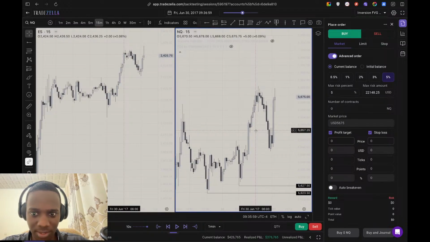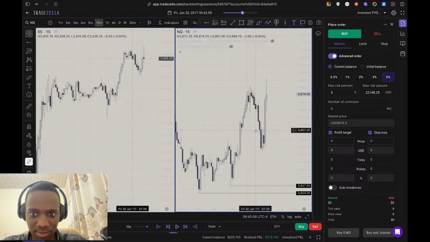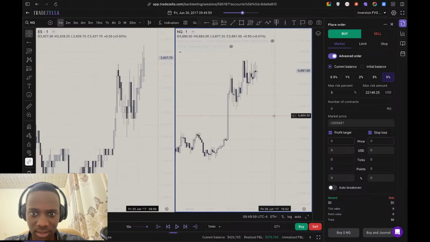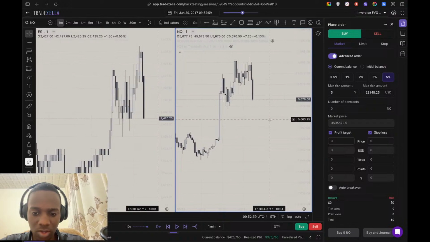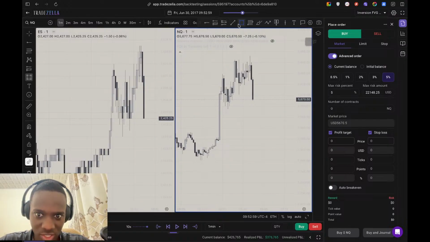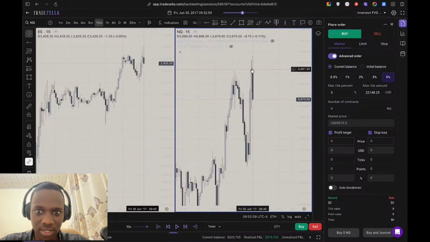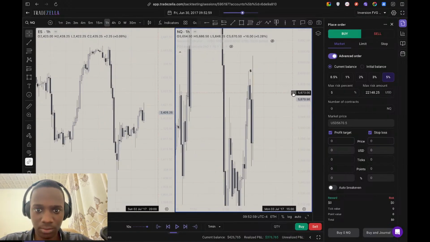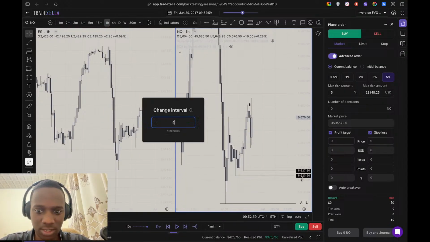Okay, we have an SMT at the highs. SMT gets invalidated. Right, I think it's almost time to try shorts at this inversion. We have a good 4 hour.